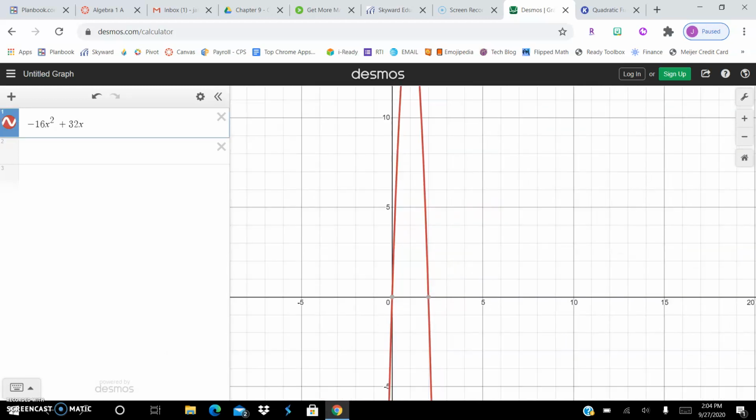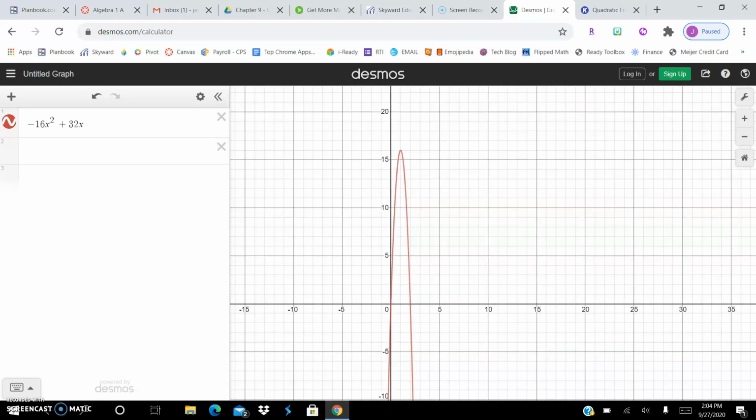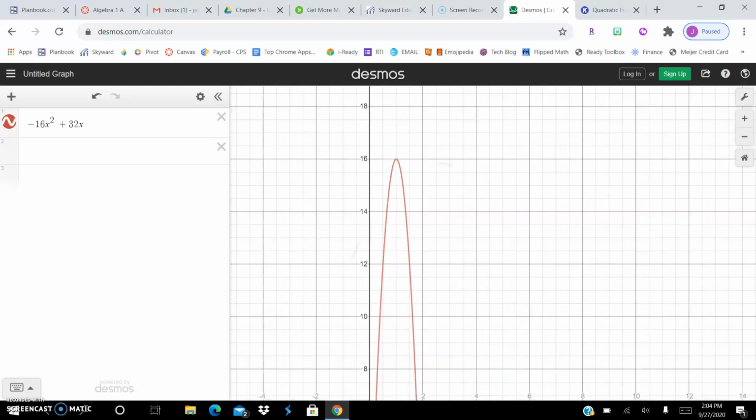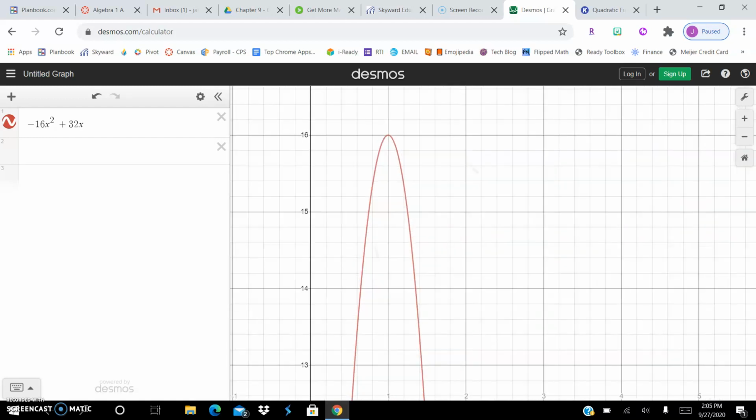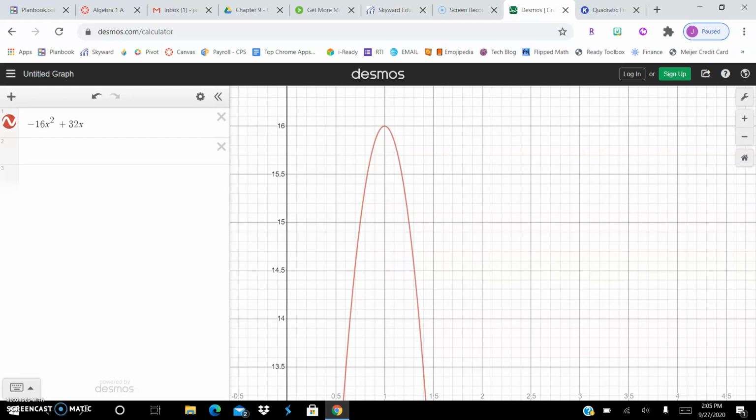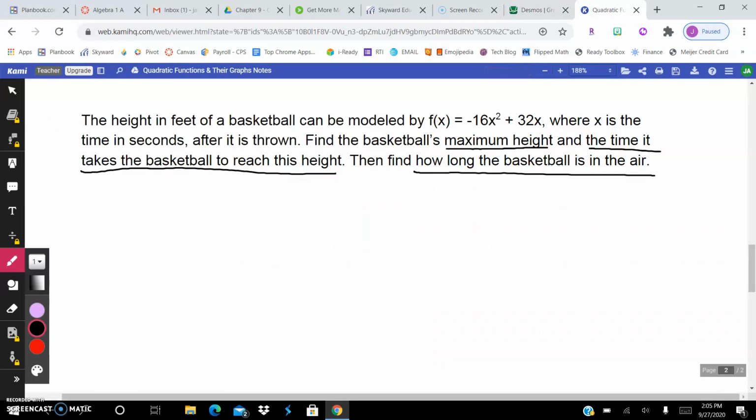Here is my graph. If I zoom all the way out, it goes all the way up to there. So first question was maximum height. So it looks like the basketball goes up in the air to 16 and then starts to come back down. So if I go back over here, the maximum height that the basketball reached was 16, and it said this is in feet. So we know that's 16 feet.